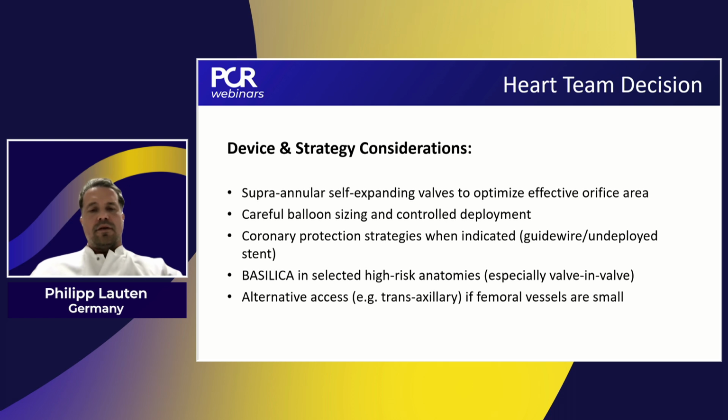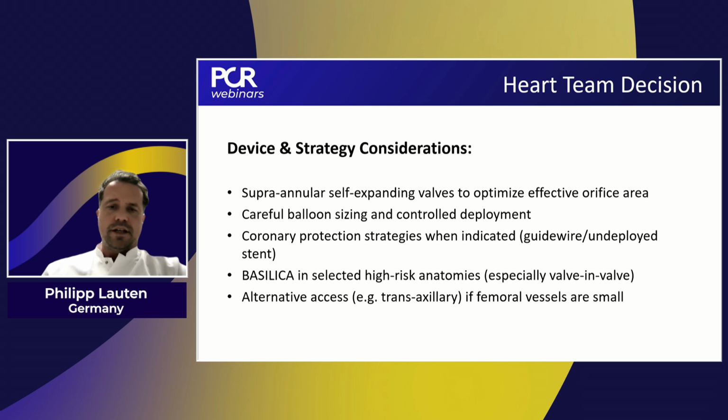So the idea in this special case is to use a supraannular self-expanding valve to optimize the orifice area. We did a careful balloon sizing and I show it in the case, an 18 millimeter balloon.